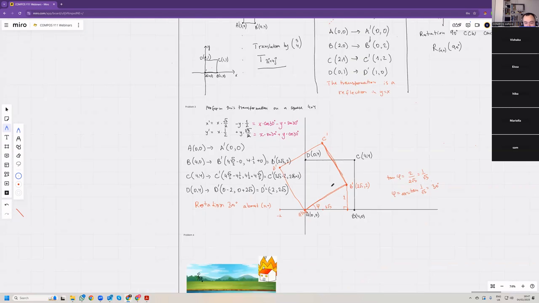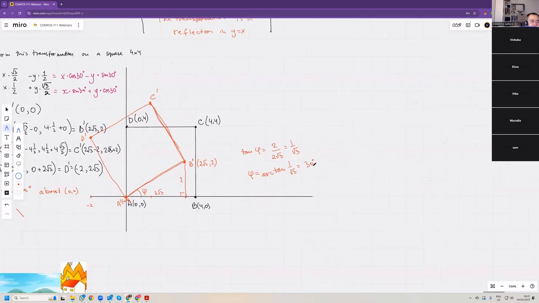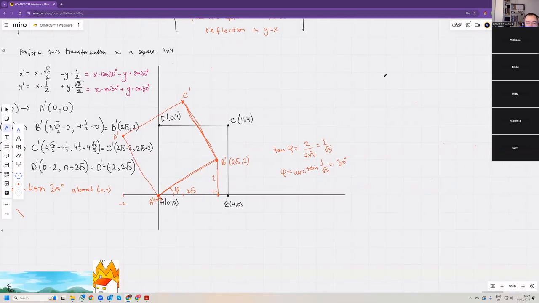In general, a rotation by phi degrees looks like this.